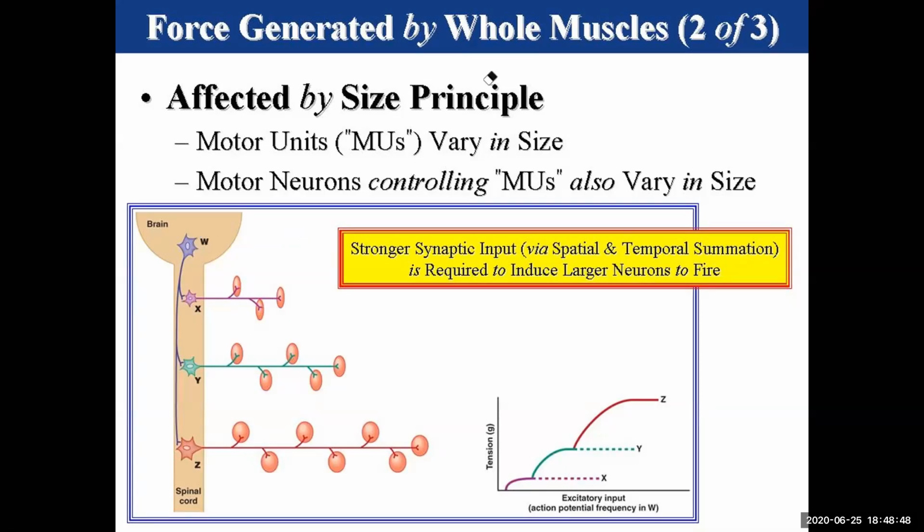Now the cell body of that upper motor neuron, this cell body here, is physically residing in the primary motor cortex. P, primary, M, motor, C, cortex, primary motor cortex, or precentral gyrus.